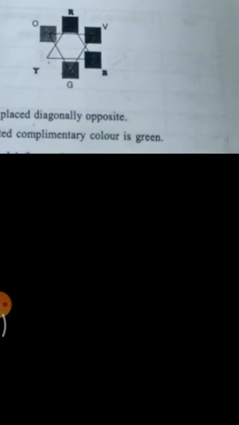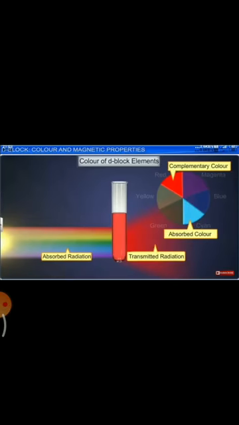And one more example, if wavelength corresponding to red color is absorbed, then the transmitted light will be bluish green, and the substance appears bluish green, as you can see in the chart. If green color is absorbed, the complementary color becomes red. You can see in the chart.